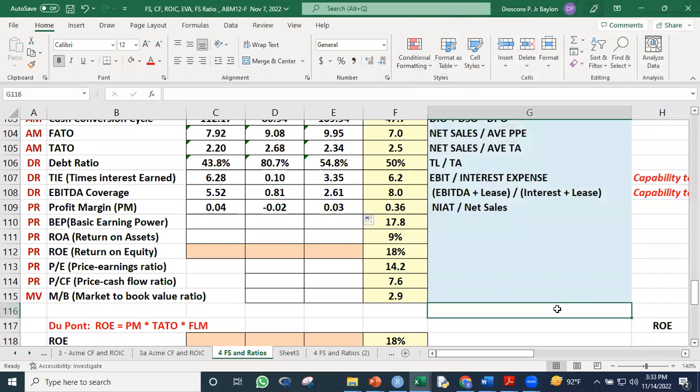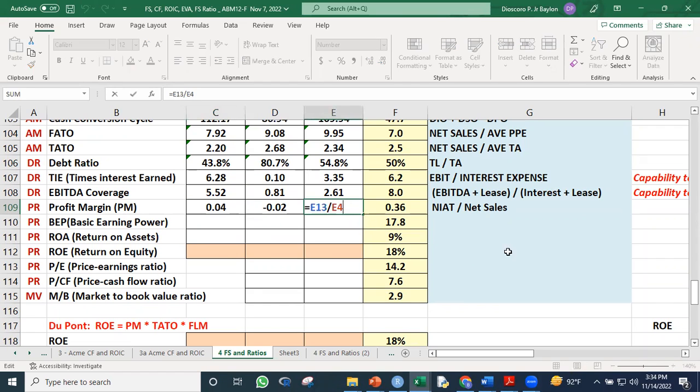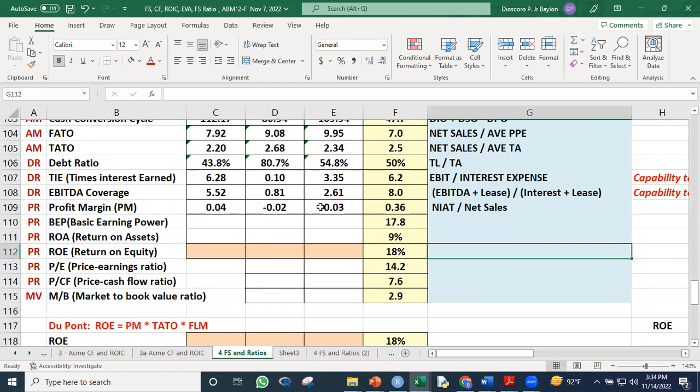So for every 100 pesos of sales, the company earned 4 pesos. Kailangan gawin din natin times 100. Noong 2019, 3 pesos yung na-earn niya.